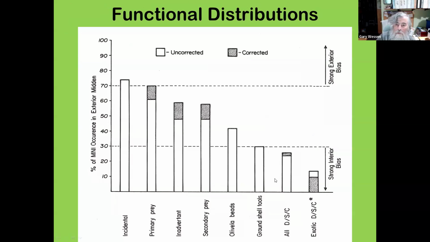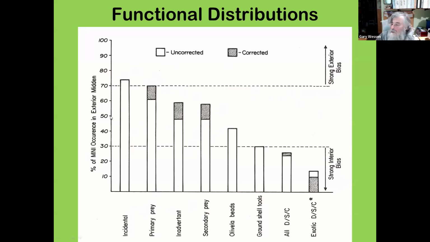And we further arbitrarily said that if the percentage of M&I occurrence in exterior deposits is less than 30%, we're going to say that's a strong interior bias. And if it's more than 70%, it's a strong exterior bias. This corrected and uncorrected thing we don't need to worry about now. But basically, incidental stuff, primary foods, inadvertent secondary prey things, these are mostly food or oddball stuff.